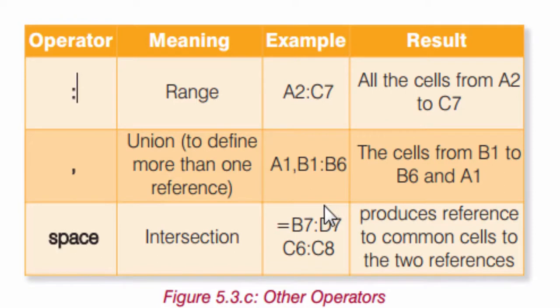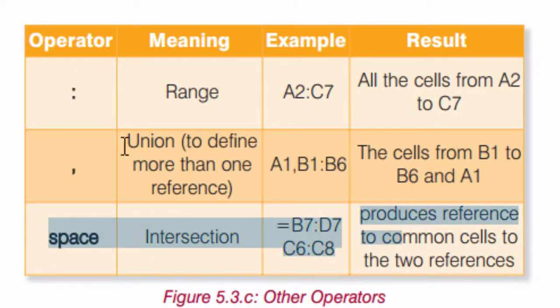Then an intersection. When you write B7 to D7, space, C6 to C8, it will get the intersection of these two ranges, and it will only give us the result of these intersection cells. But we won't use this so much, so mostly we will use the double dot and the comma.